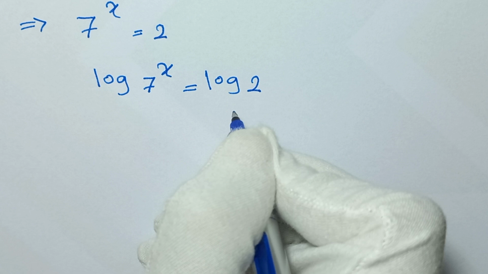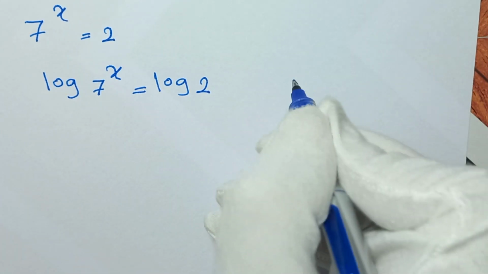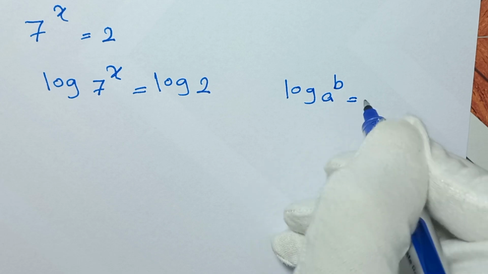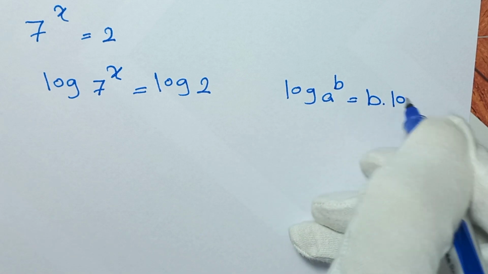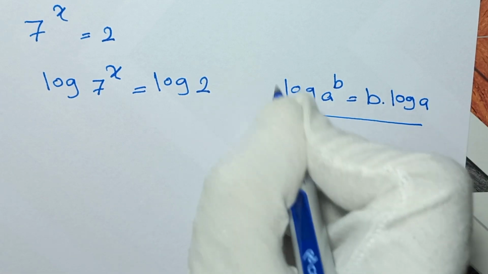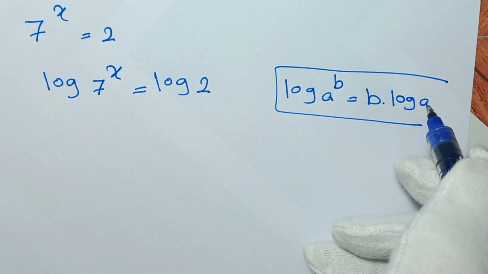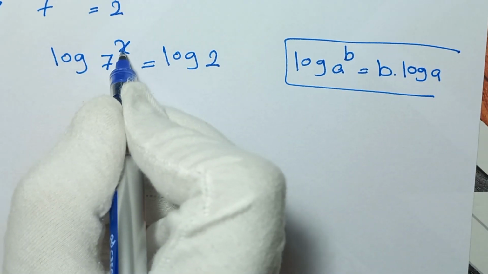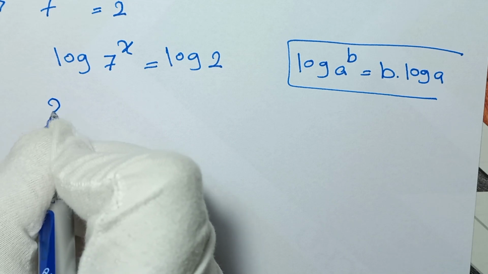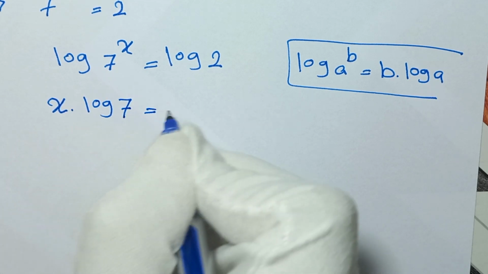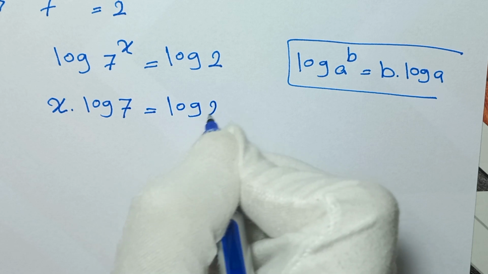And in the next step, from log rules, if we have log of a to the power of b, this is equal to b times log of a. So in here, we can take this power outside of log, so it will be b times log a. So in here we take this x outside of log, and it will be x times log 7 is equal to log 2.